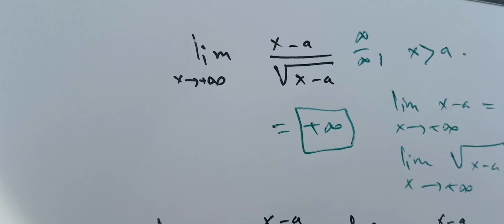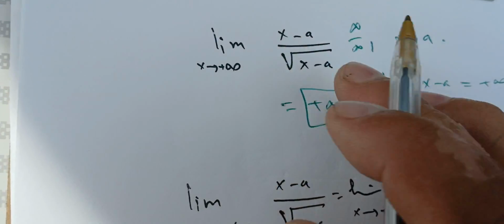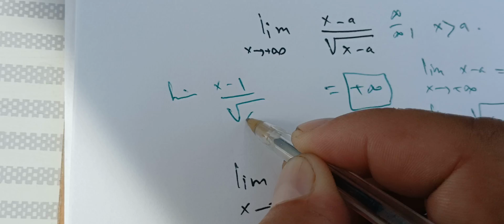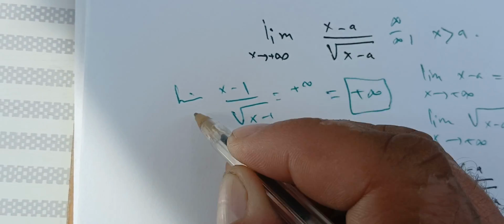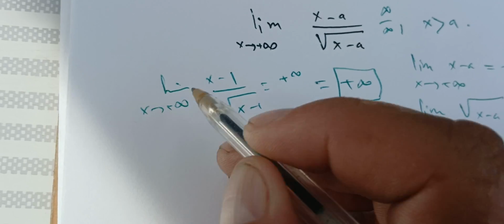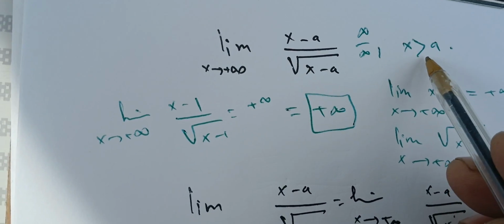And therefore we can specify a. So we can say that the limit of x minus 1 over the square root of x minus 1 is plus infinity as x goes to plus infinity. We can choose any a we want.